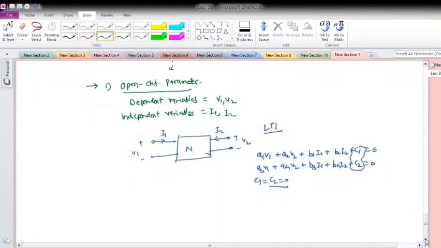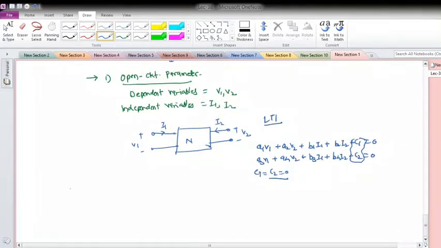So I can write A1 V1 plus A2 V2 plus B1 I1 plus B2 I2 equal to 0, and A3 V1 plus A4 V2 plus B3 I1 plus B4 I2 is also equal to 0.